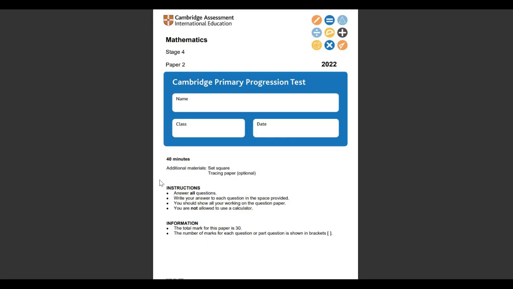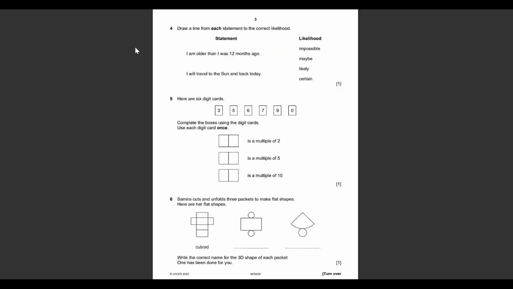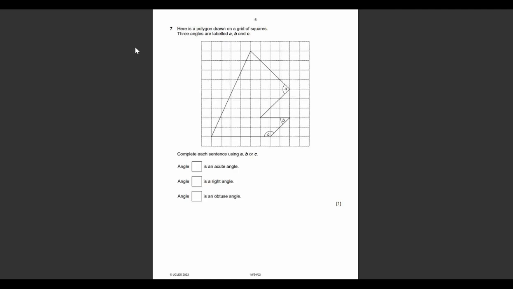So here's the link. Full screen of all the questions. You may take a screenshot, save it on your laptop, or print it out for practice. This is page number 1, and this is page 2. Next is page 3, page 4. You may pause this video and take a screenshot.